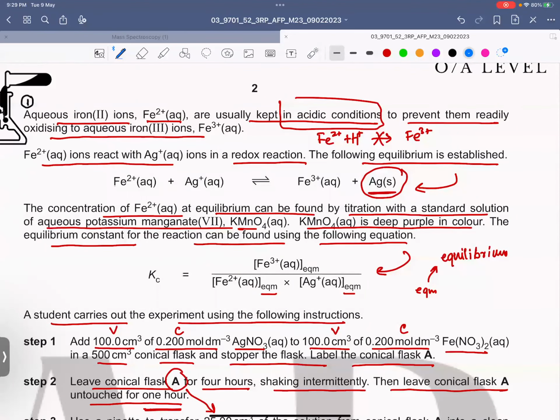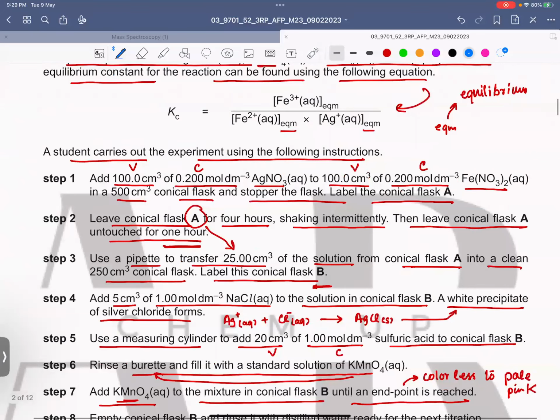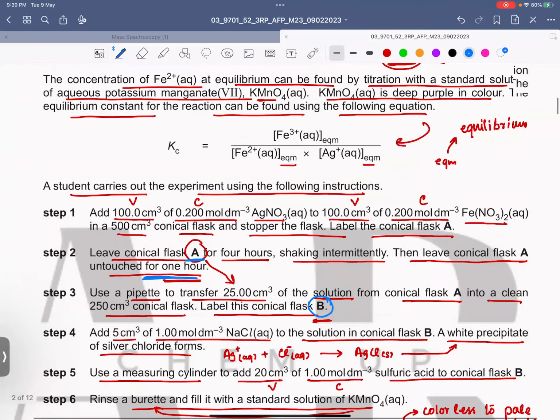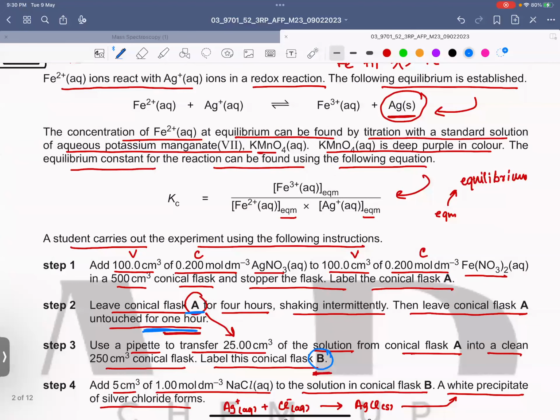We have to transfer the 25 cm³ into flask B from flask A. So if we don't leave it for 1 hour, then the solid would not be settled down at the bottom, and there is a chance that we may have solid in flask B as well. Okay, sir. Got it.